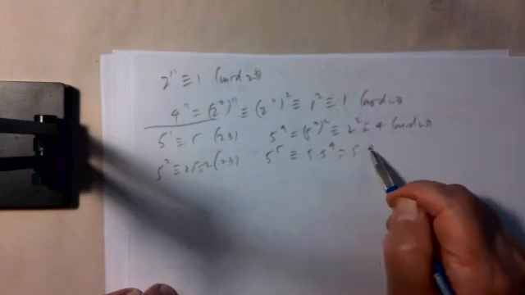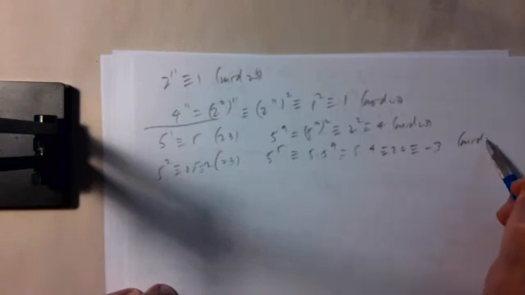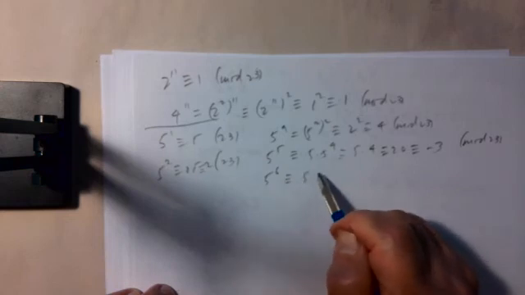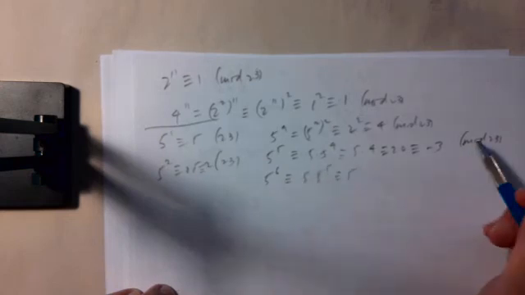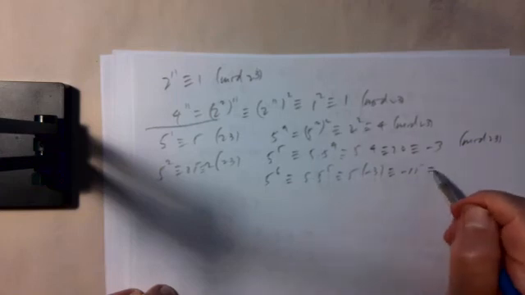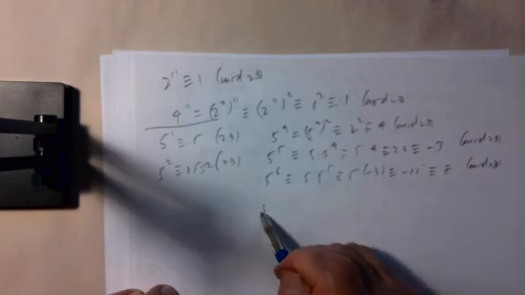That's 5 times 4, which is 20, which is minus 3 mod 23. 5 to the 6th is 5 times 5 to the 5th, which is 5 times minus 3, which is minus 15, which is 8 mod 23.